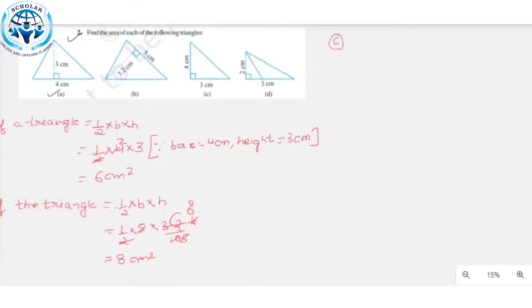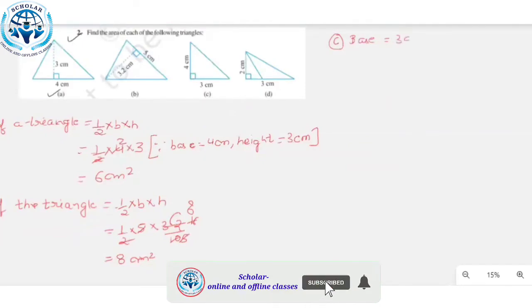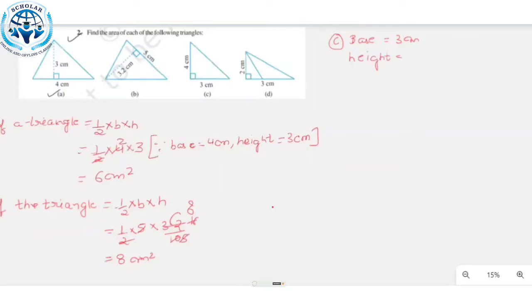Now the third one, it is a right angle triangle. The height is 4 centimeter. The height is the same as the altitude or perpendicular. Height and side are the same. So the area of the triangle will be half into base into height. Height is 4 centimeter, base is 3 centimeter.